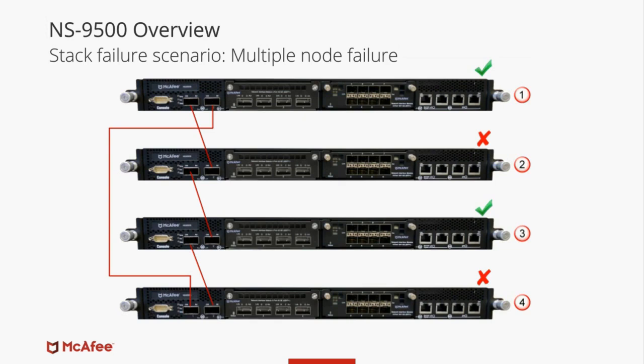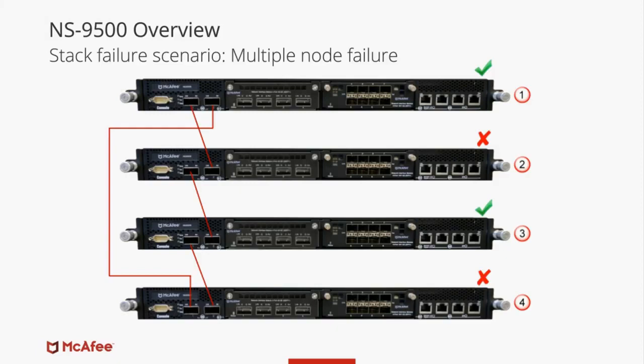This isolates 1 from 3, and each will continue to function as if it were a 25 gigabit node, basically, scanning as much as it can, but unable to get help from the other node member that's up. So if your traffic is all plugged into node 1, then only node 1 will be able to work on that traffic. If you had traffic plugged into nodes 1 and 3, both of them would continue to process at the reduced capacity.